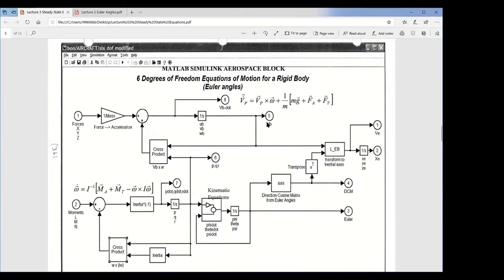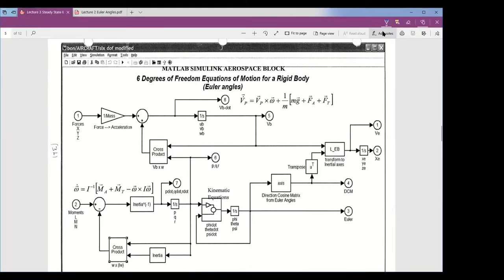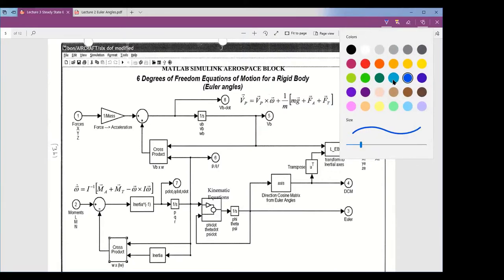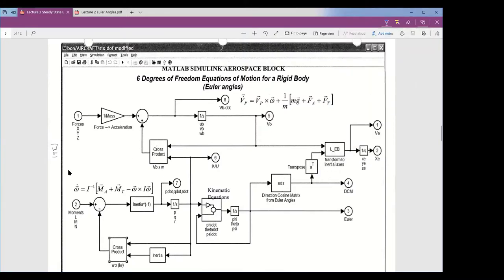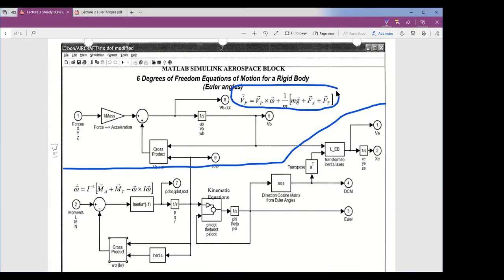All right, so let's not look at anything below this line for right now, so ignore everything down here. This top does this equation, so let me walk you through.